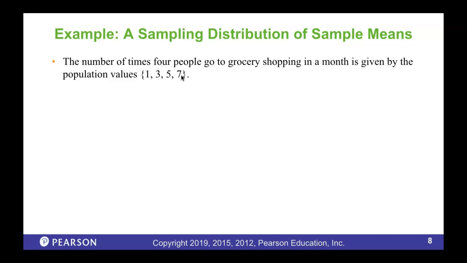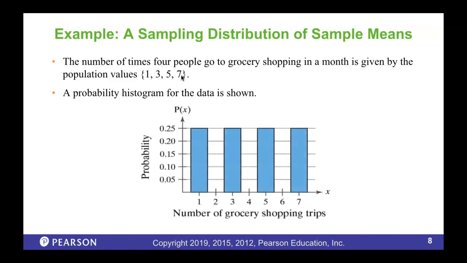It's a small population so that we can demonstrate the sampling distribution. Now, what are we doing with this? They said, create a probability histogram for the data shown. If you take a look, this is relative frequency, right? Because they use the probability. One person goes once a month.